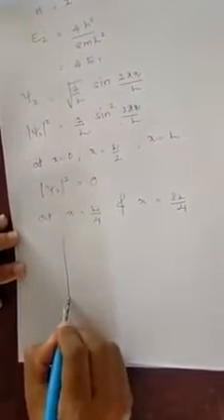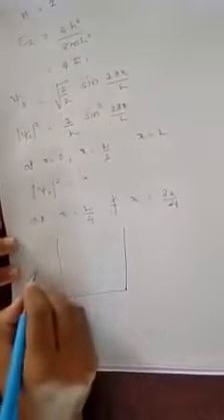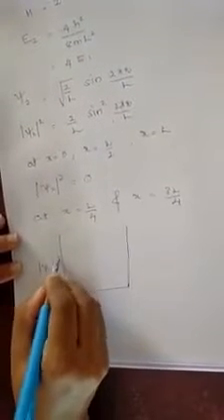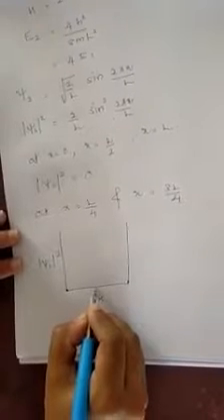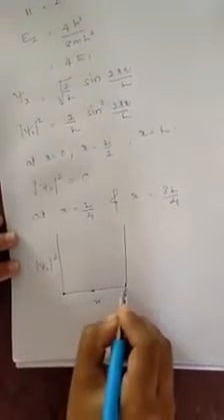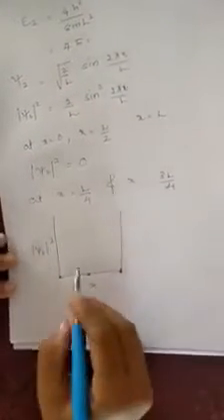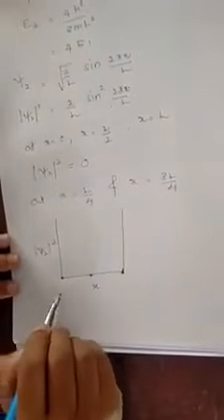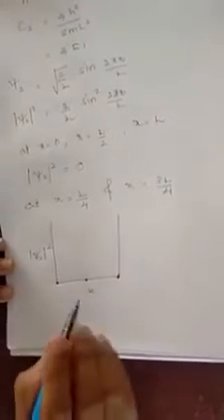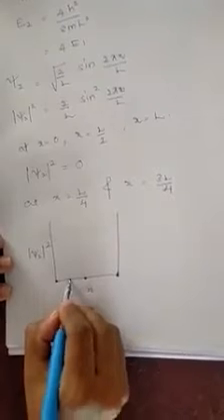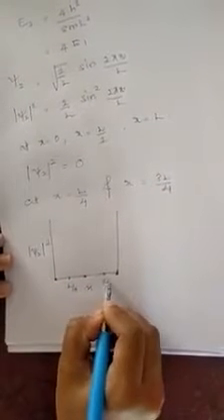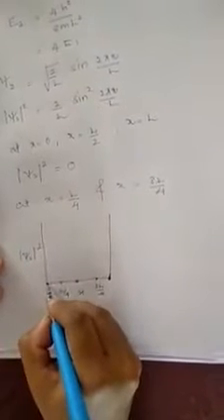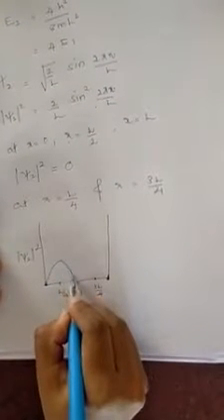If we plot a graph like this, that is mod psi 2 square and x, at x equal to 0, x equal to L by 2 and x equal to L, the probability density function has 0 value, and at x equal to L by 4 and at x equal to 3L by 4, the probability function has the maximum value.